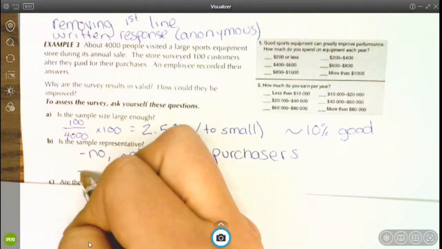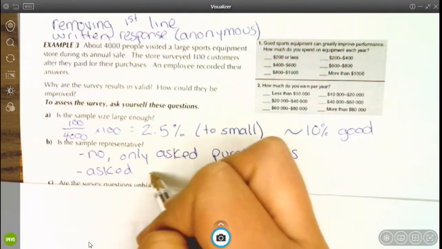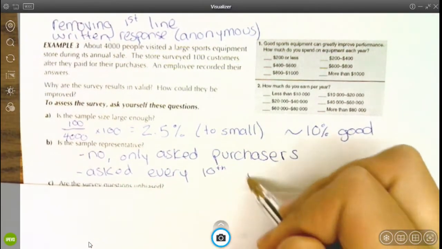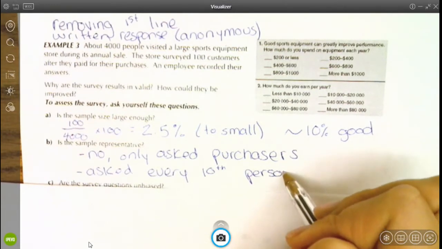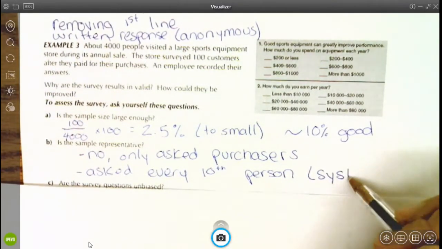But they did use systematic sampling by asking every 10th person. That is one of our random sampling techniques.